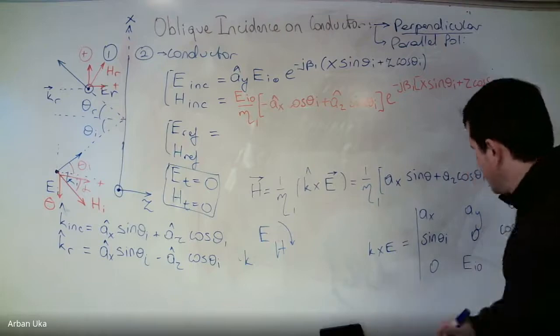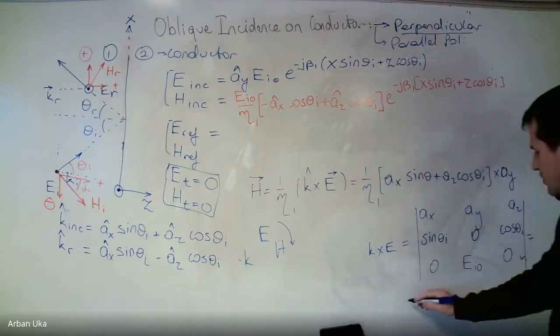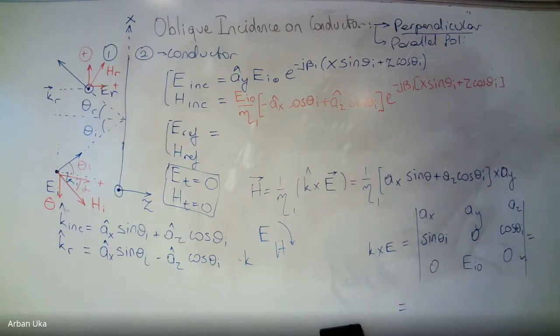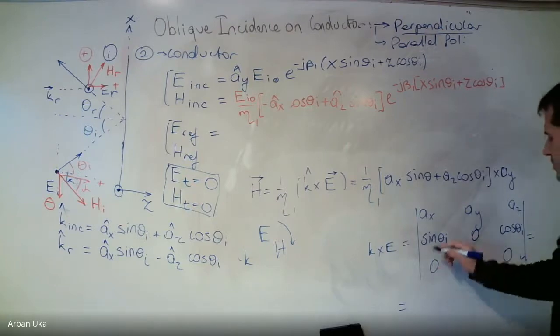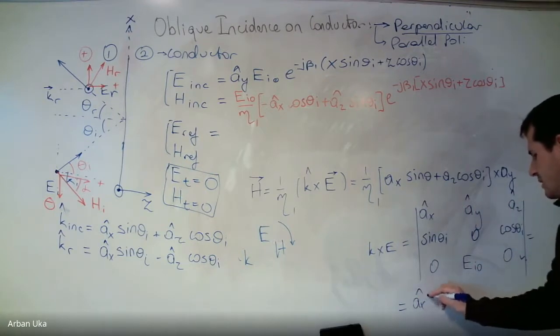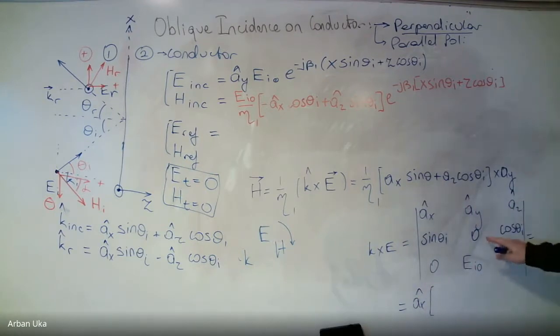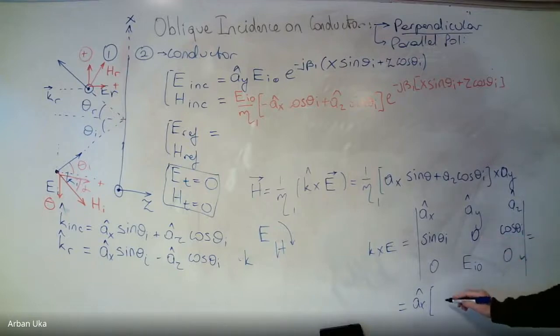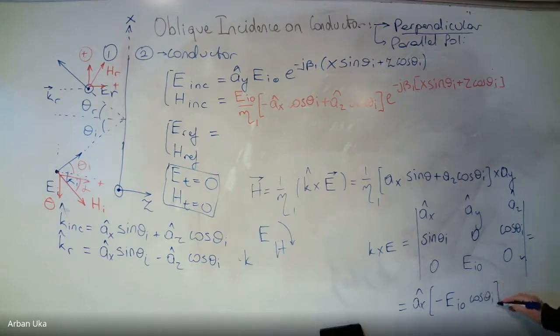And it is clear to all of us that the direction of the magnetic field is going to be as follows. Along the AX, we have AX times, this is 0, minus this term, minus EI0 cosine theta I, minus AY.